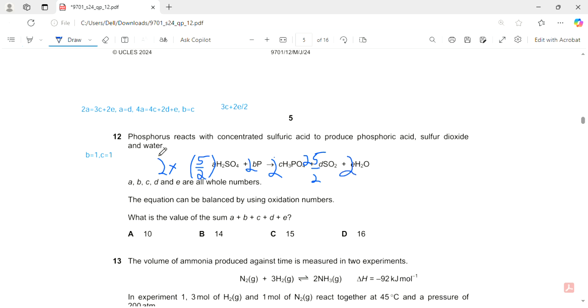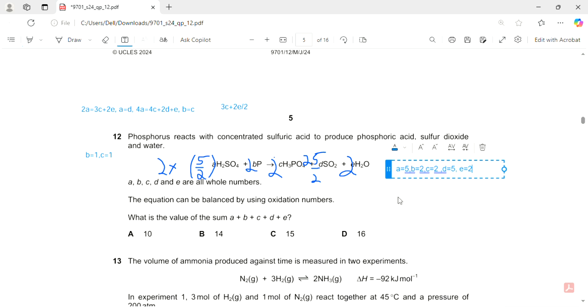So what is left here? A is left with 5, B is left with 2, C is left with 2, D is left with 5, and E is left with 2.